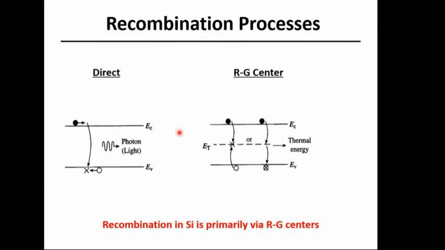Here we're talking about recombination, the same thing without that step, directly, with light being impinged, so an electron that was in the conduction band got absorbed back into the valence band, and so on.